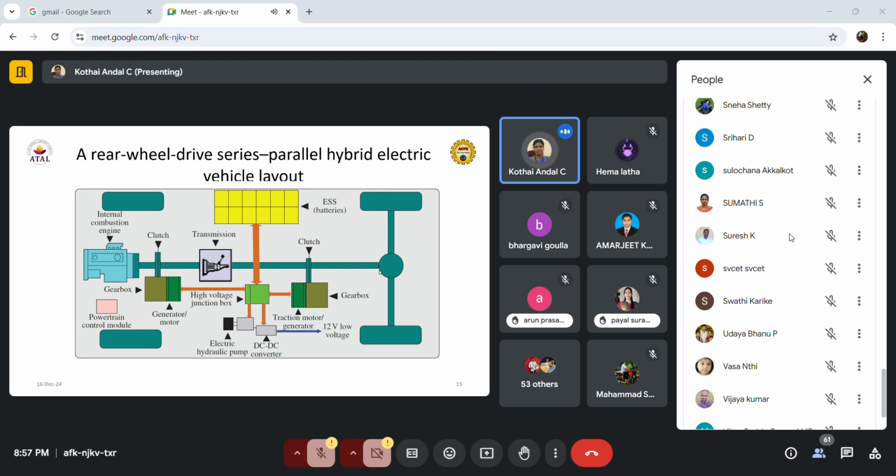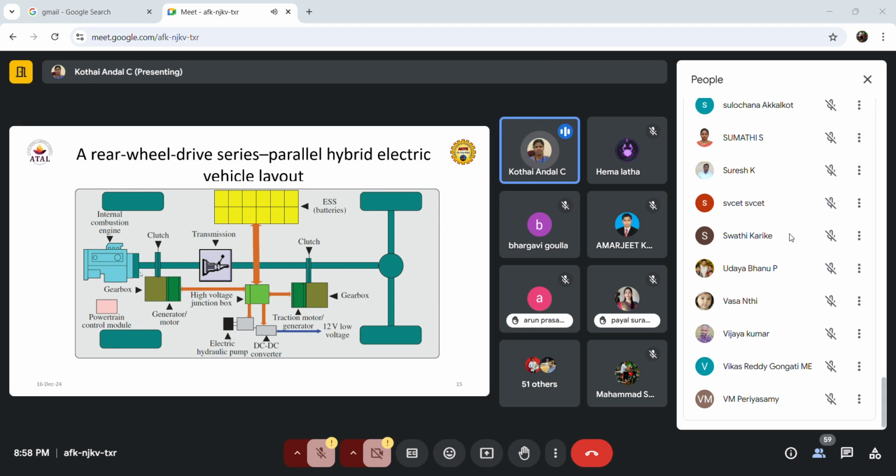Now the second path, the parallel path. In the parallel path, the engine is connected to the gear set. See this engine is connected to the conventional drive train. In this path, the mechanical power of the engine is partially or entirely transferred to the mechanical drive, not to the wheels.